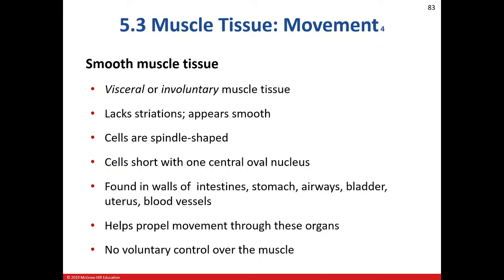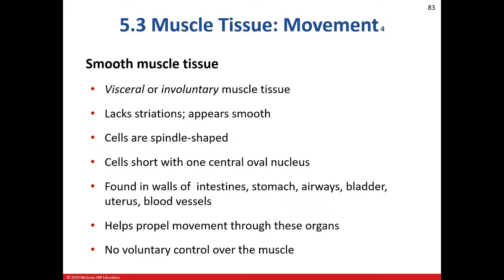Talk about that in the nervous system when we get there. All right, so it lacks striation and it appears to be smooth, so it gets the name smooth muscle. The cells here are going to be spindle shaped, and they are short with one central oval shaped nucleus, and they are found in the walls of the intestines, stomach, airways, bladder, uterus, and blood vessels.